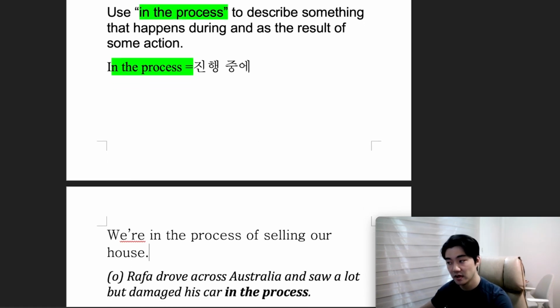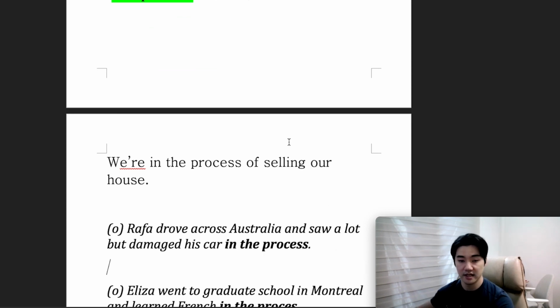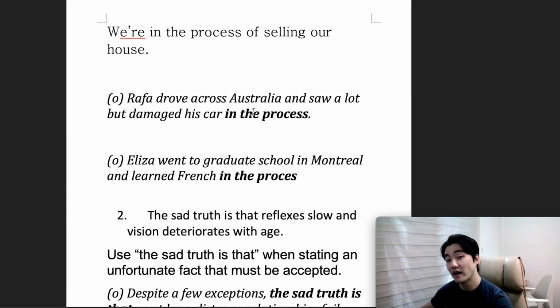우리는 우리 집을 매도하는 절차를 밟고 있다. Or let's have a look at our example here. Rafa drove across Australia and saw a lot, but damaged his car in the process.